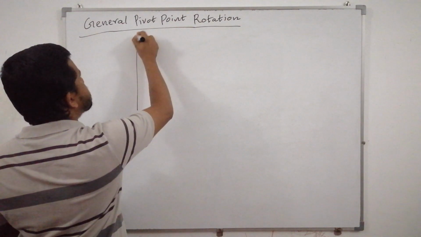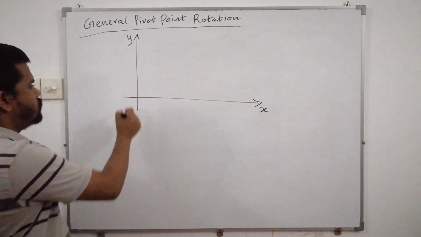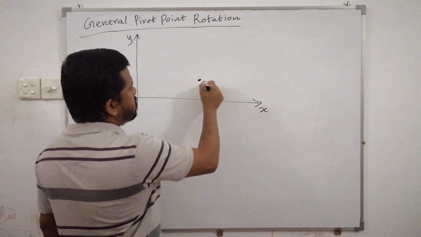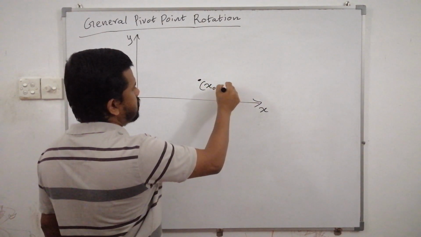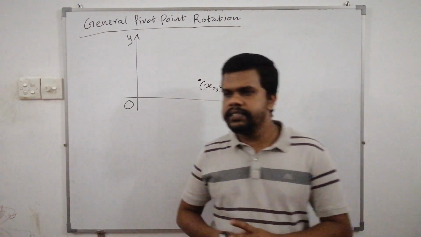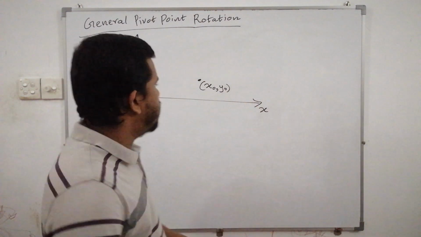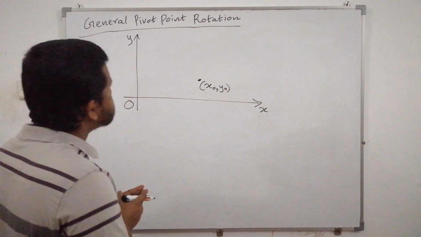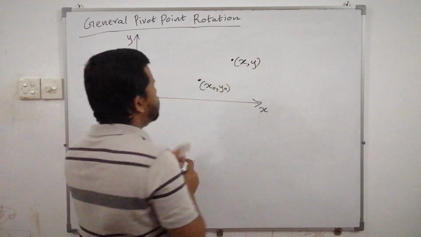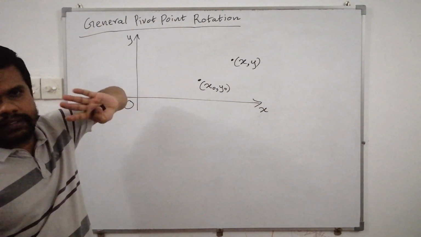Now let's consider the y-axis and x-axis. We have the origin. Suppose that we have a point with coordinates x0, y0. Earlier, we derived the rotation matrix when the point is rotated around the origin. Now, in this situation, our point rotates around this point. This point is called the pivot point.